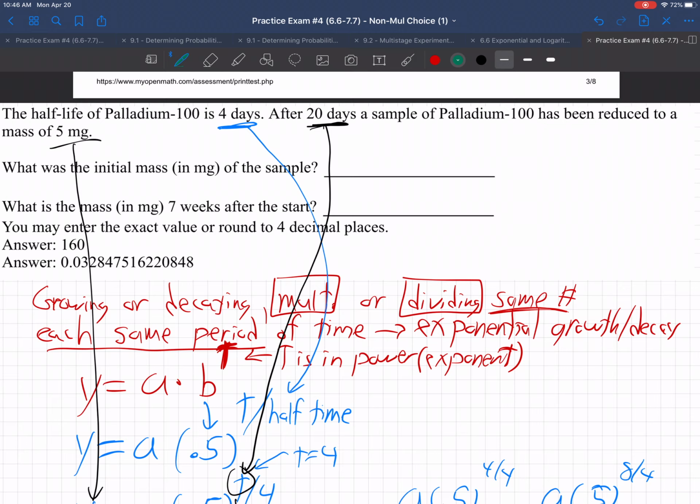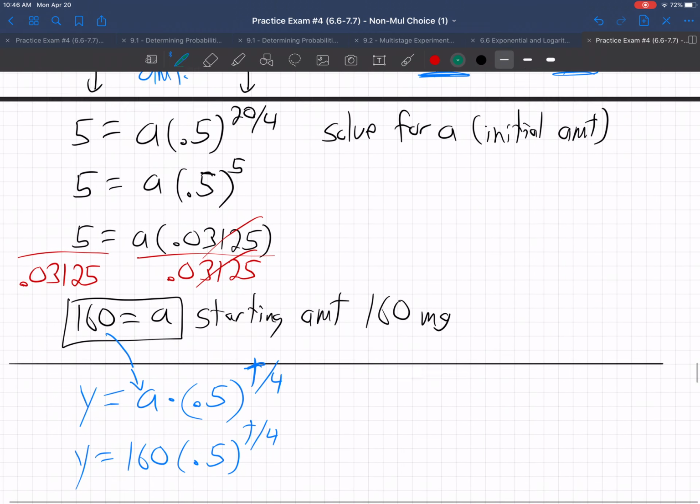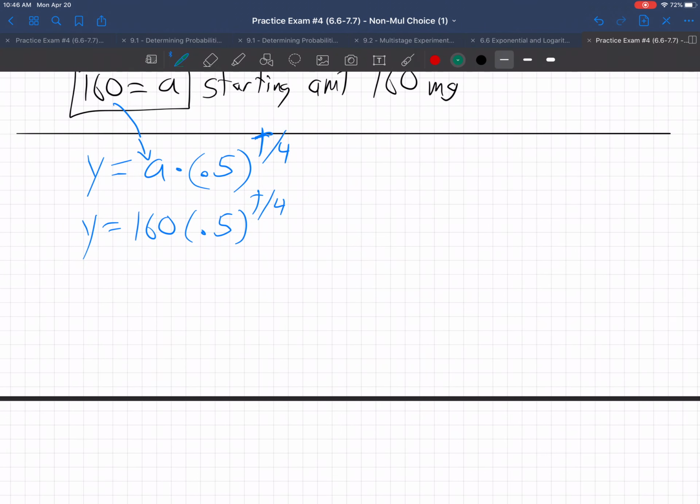What is the mass 7 weeks after the start? So do we just plug in t equals 7 and find the answer?